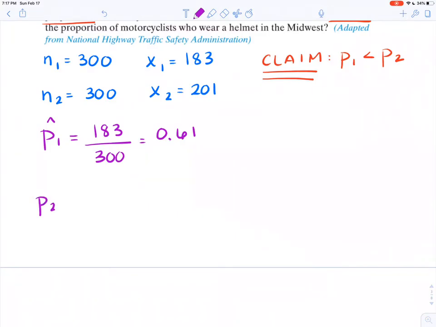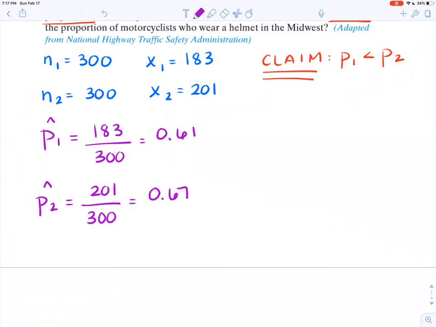I'll do the same thing for my second group. My sample proportion there will take the 201 people who wear a helmet, divide by its total of 300, and give me a sample proportion of 0.67, so about 67% in the second group.